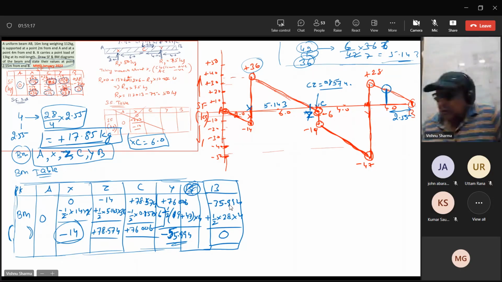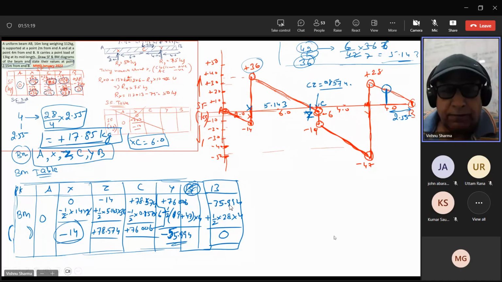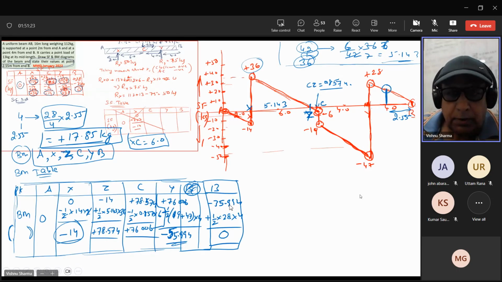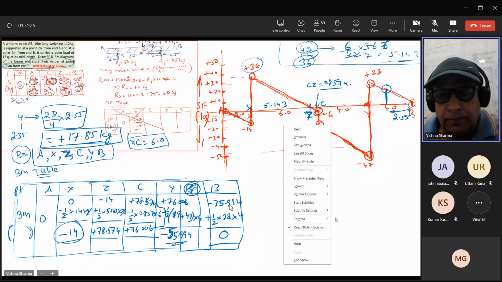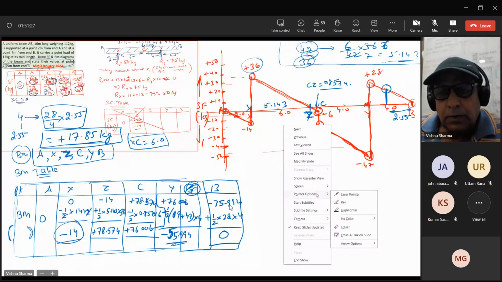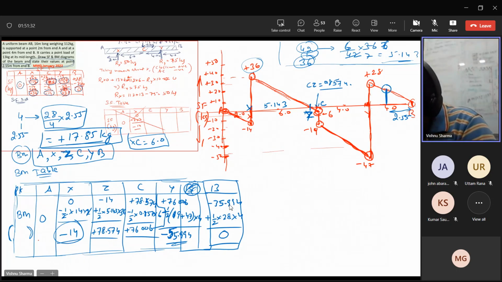Okay. So let me put the values of my BM in red here so that those who want to compare don't get confused with this table. It's 0 here, minus 14, plus 78.6, plus 76, minus 56, and 0.